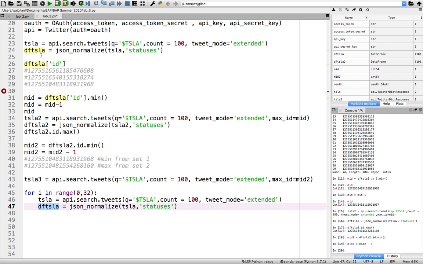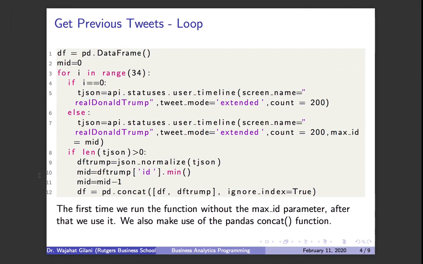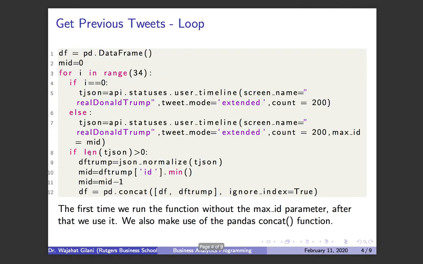Like in this example, I have df Tesla here, df Tesla 2 here, I'll have another df Tesla 3 after that one, and so on. So these tables need to be concatenated into a larger table when you're dealing with the for loop. It has to happen during each loop because df Tesla will always get overwritten to be the next set of 100. Enter now the concept of the concat function.